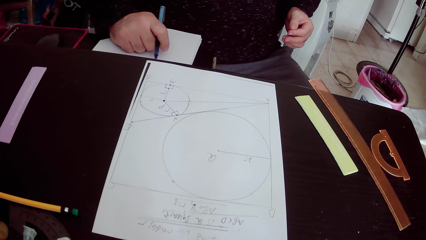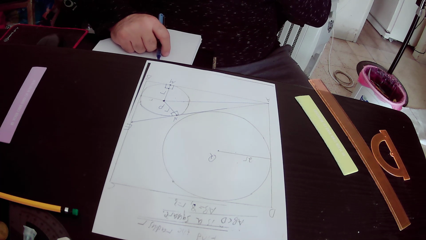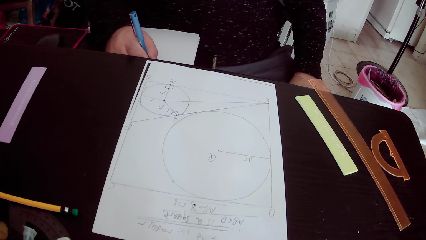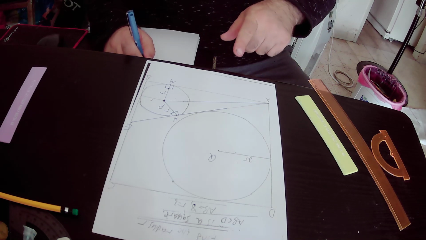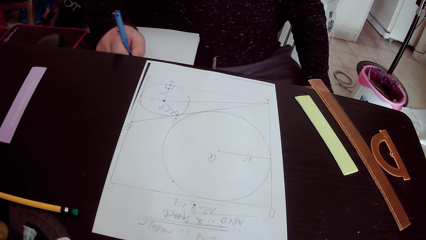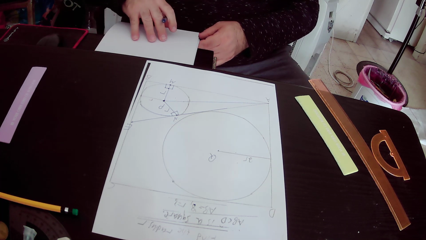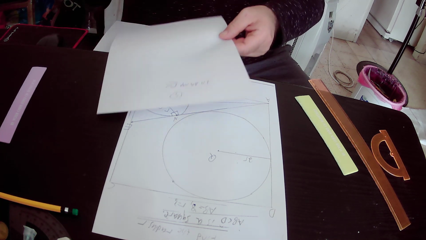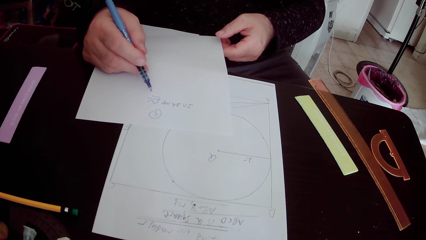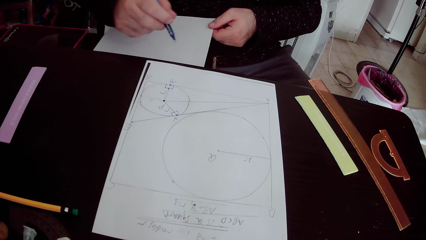Okay, so actually we will prove that those two right triangles can go into each other. We will prove that the right triangle AMP is congruent, this is the sign of congruent, to the right triangle ANP.